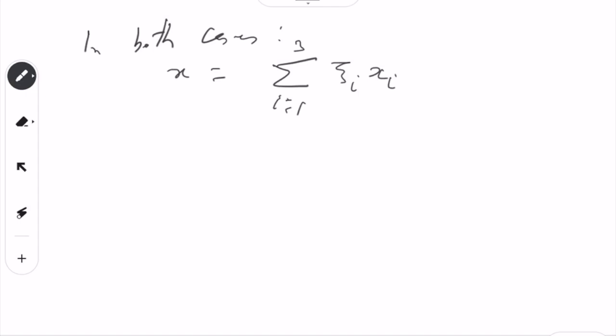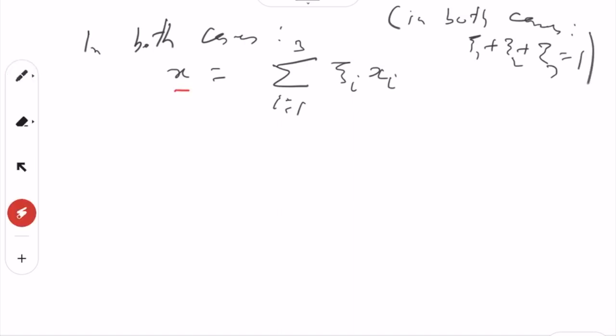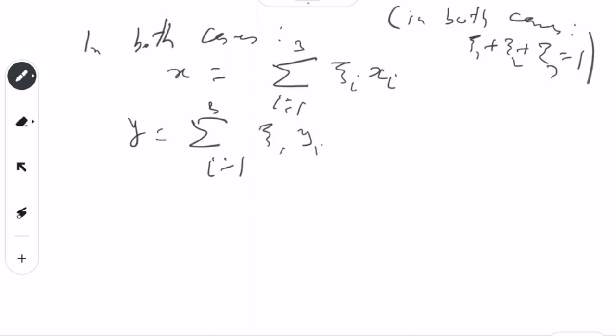Since this is linear, you know xi1 plus xi2 plus xi3 equal to 1 in both cases. Yeah. So we write x in both cases like that. y is also, in both cases, sum over i equal to 1 to 3 of xi_i y_i. So in both cases it will be like this.